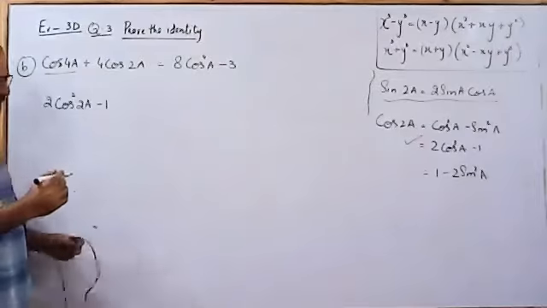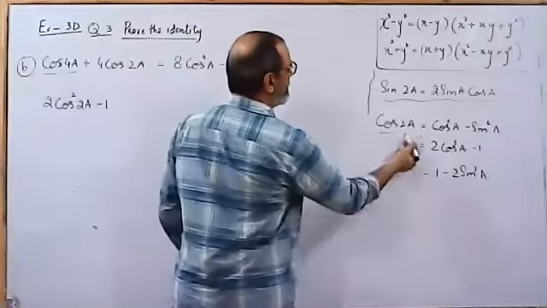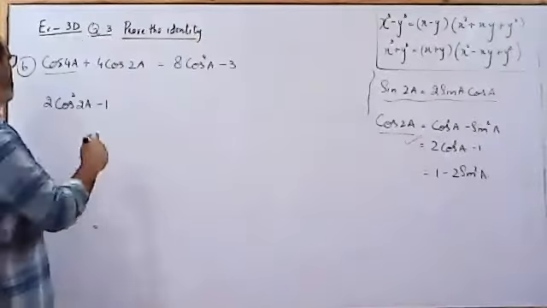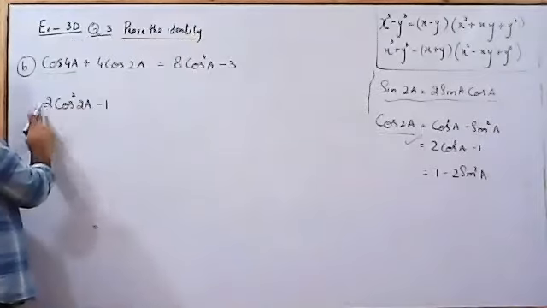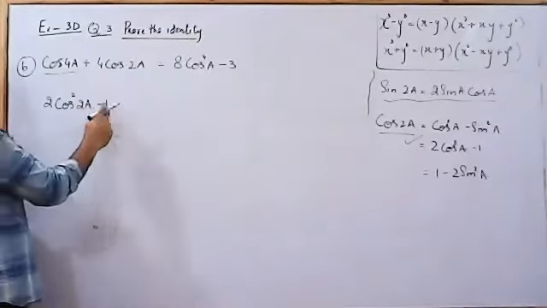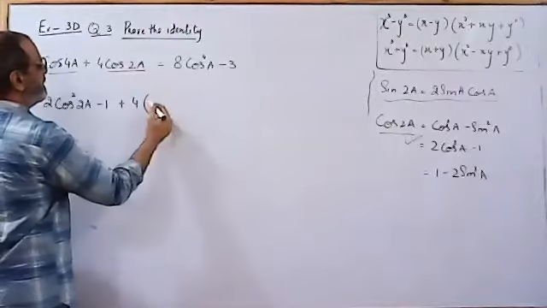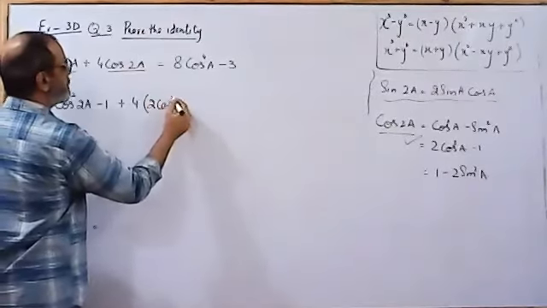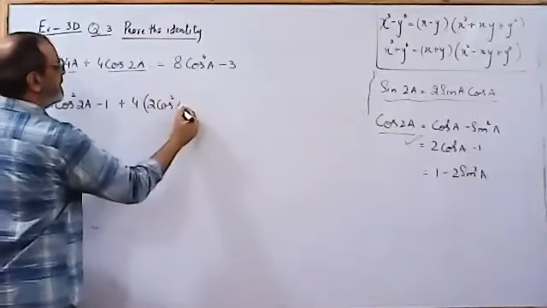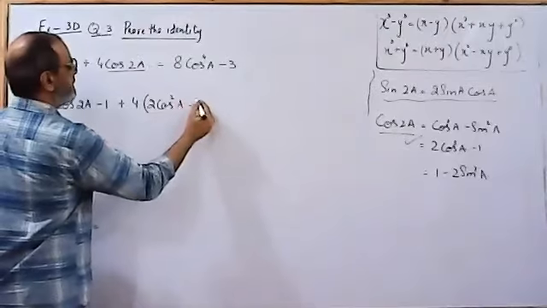For cosine 4a, using this identity with the half angle, 4a becomes 2a: 2 cosine square 2a minus 1, plus 4. Using the same identity here, I'll write 2 cos square a minus 1.